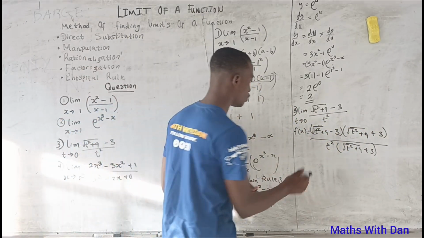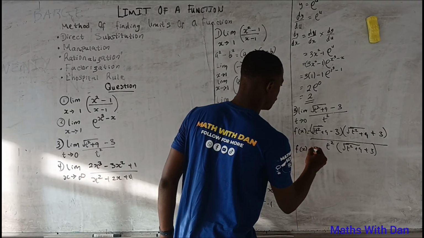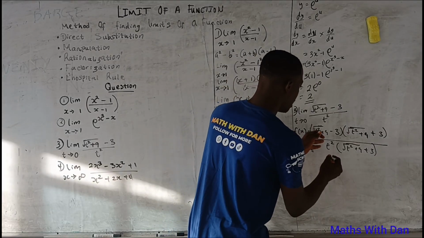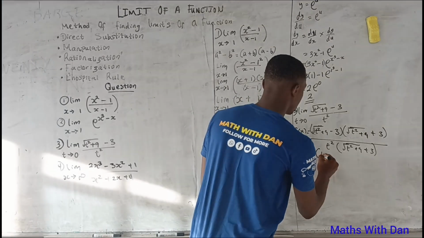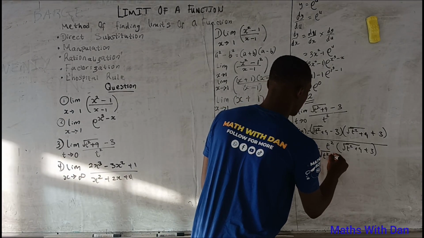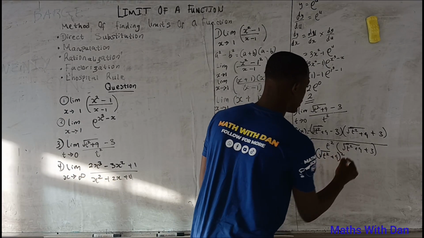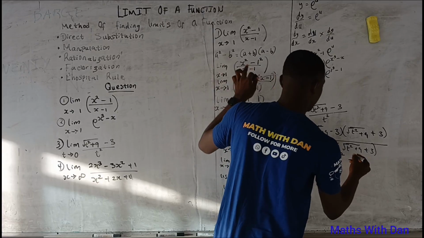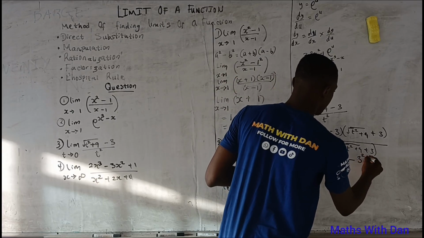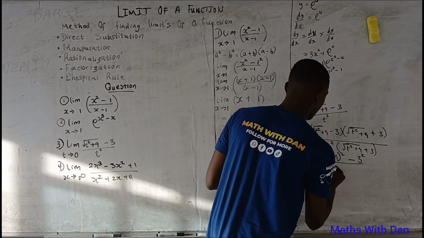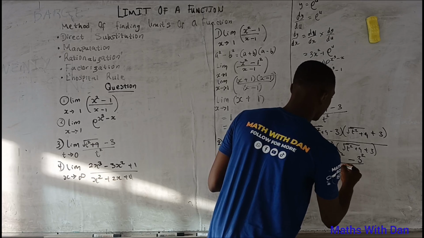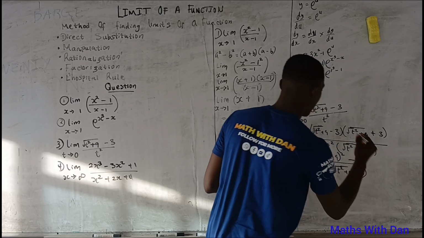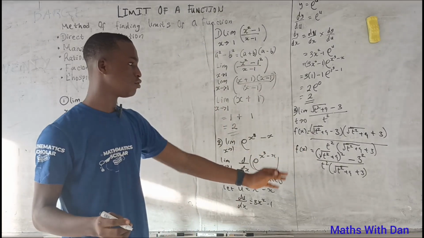So f of x will be equal to, let's say this is representing a and this is representing b, open bracket square root of t squared plus 9, squared, minus b, your b is 3, which is 3 squared, over t squared open bracket root of t squared plus 9 plus 3, right? So that's what you are going to arrive at.